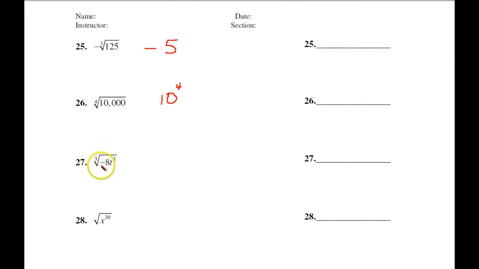And here, to have the negative is good because this is an odd root. And the third root of a negative 8 would be a negative 2. And the third root of t to the third is t. Again, the 2 is there, so we're going to divide the 30 by 2 and get x to the 15th.